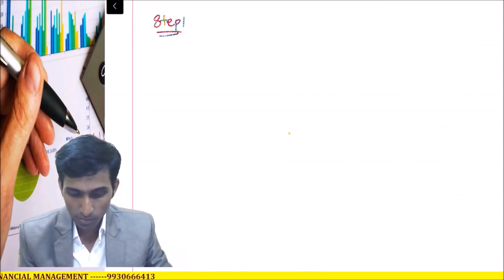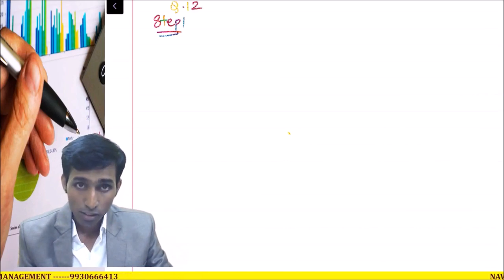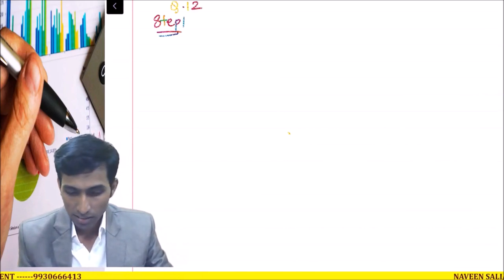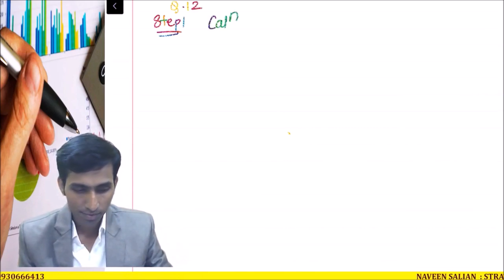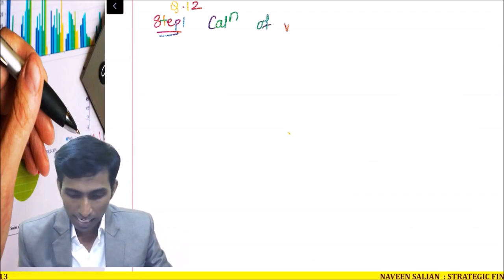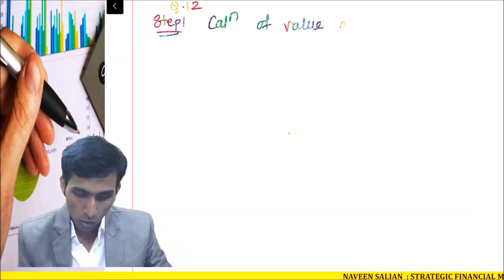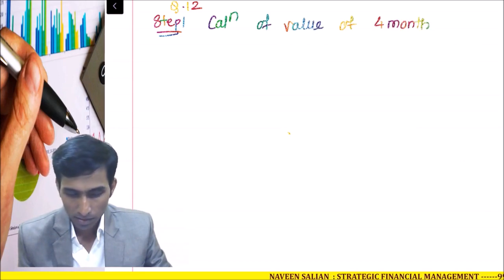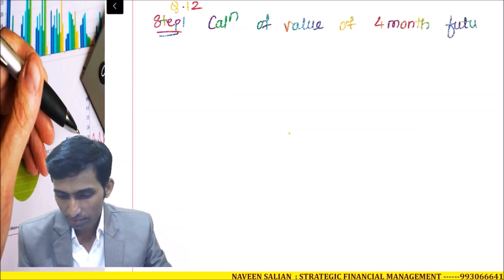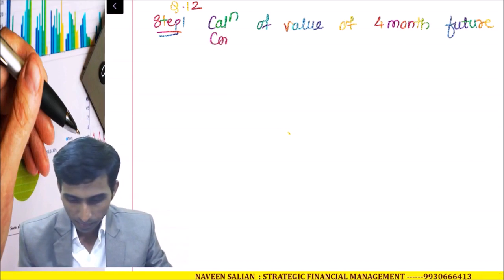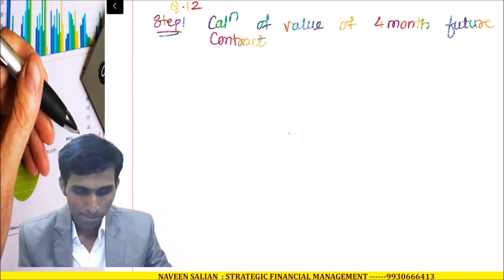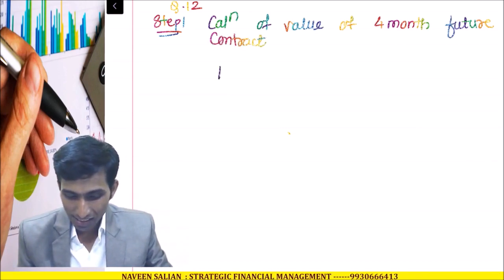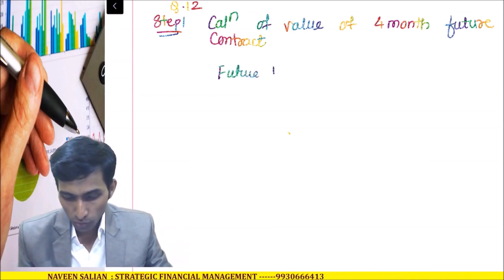This is question number 12. So step 1 says calculation of value of 4-month future contract. So let us revise the future value what you will get.